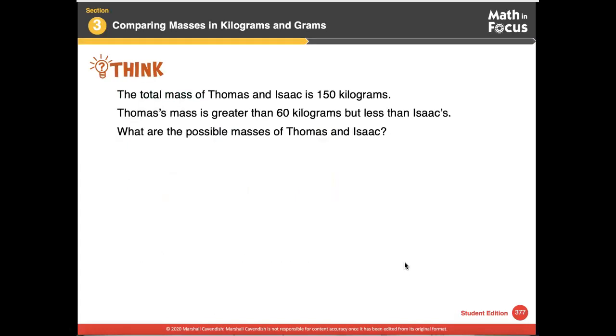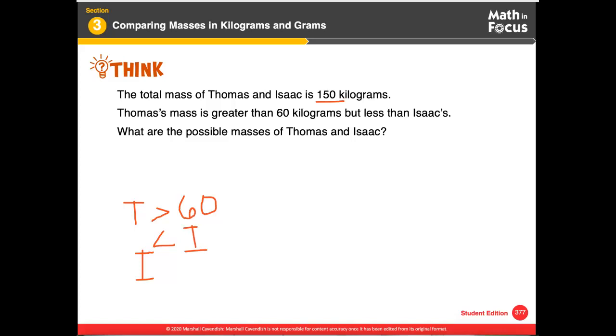So the total mass of Thomas and Isaac is 150 kilograms. Thomas's mass is greater than 60 kilograms, but less than Isaac's. Let's talk about the possible masses. We've got 150, and we know there's Thomas and there's Isaac. Thomas is greater than 60, but still less than Isaac's. So here are the possible ones.